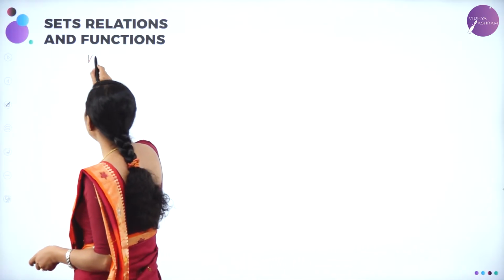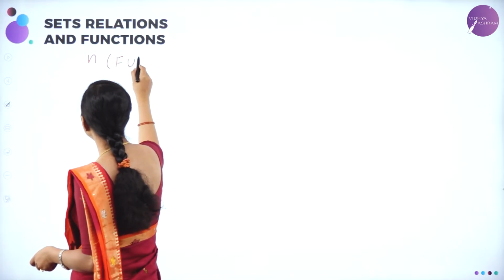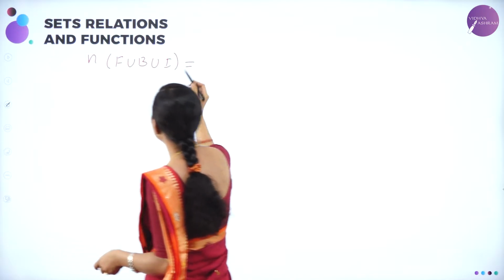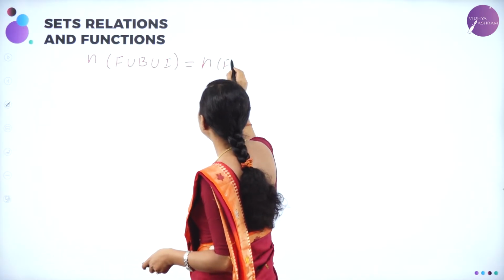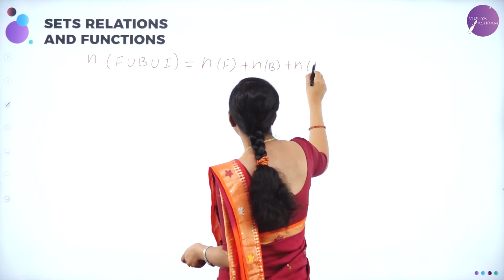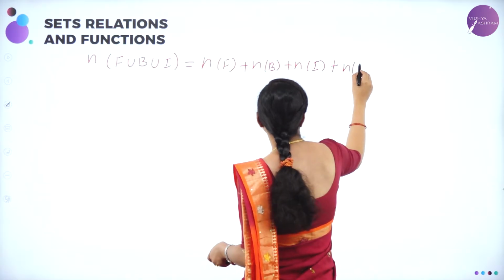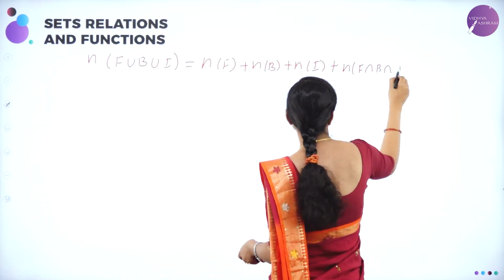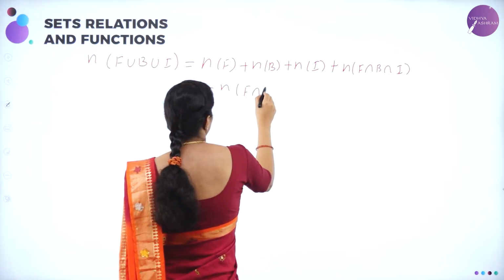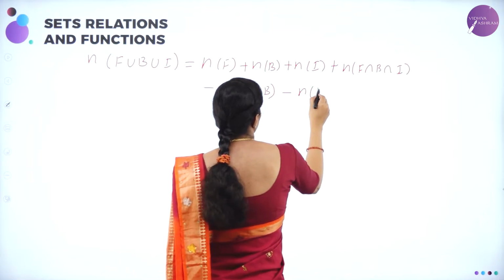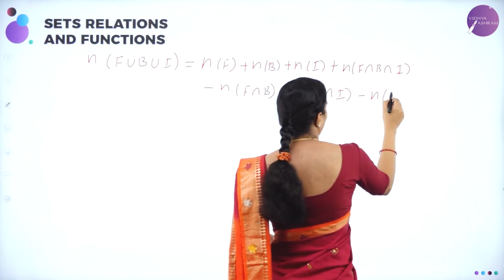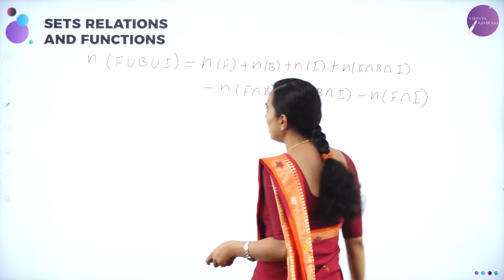So the formula is N of football union basketball union indoor games will be equal to N of F plus N of B plus N of I plus N of F intersection B intersection I minus N of F intersection B minus N of B intersection I minus N of F intersection I. Correct? This is the formula you're having.